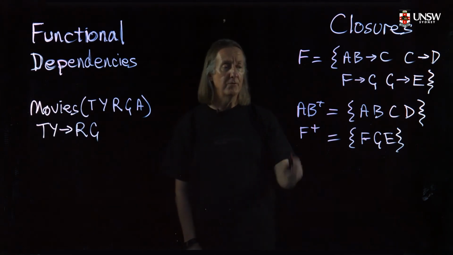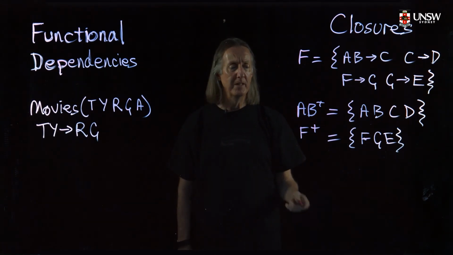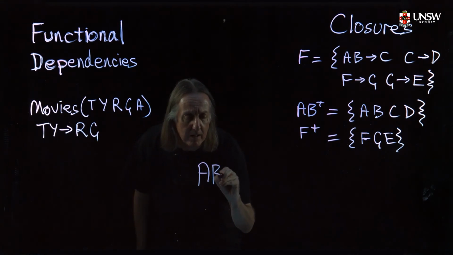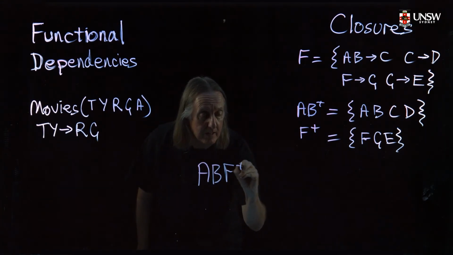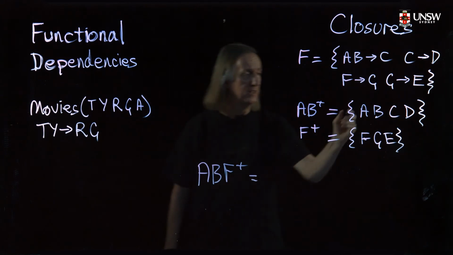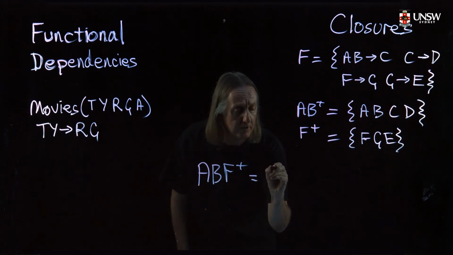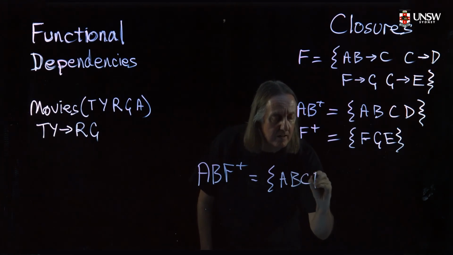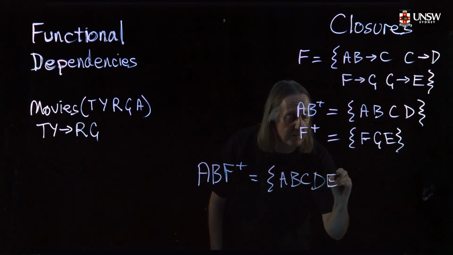However, if we take A, B and F, then the closure of A, B and F is going to be all of the attributes. So it'll basically be the union of those two sets. And it doesn't matter what order I write them in.